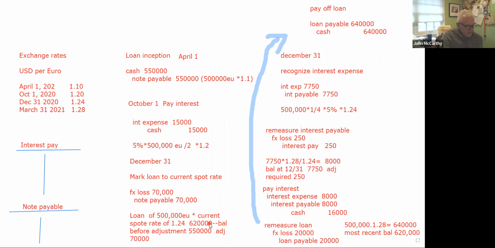And then before we made this adjustment, the balance we had here, and I'm going to put this in here, so I should have done that. The initial balance was 550, and that's at April 1.